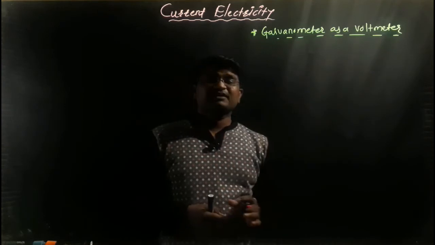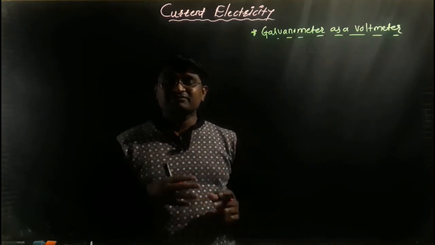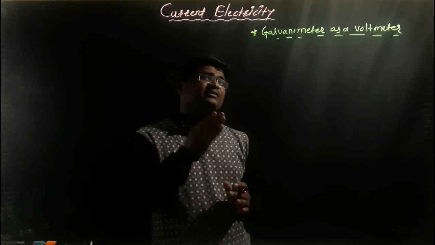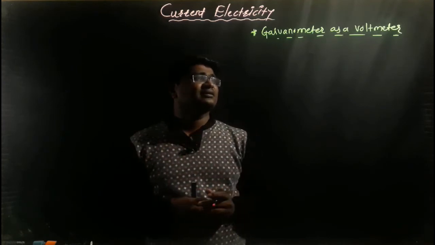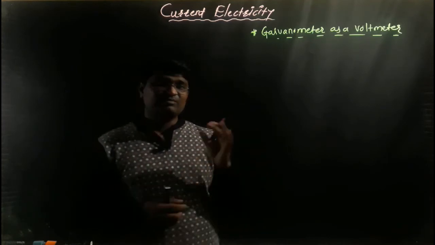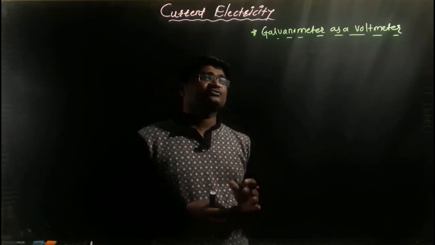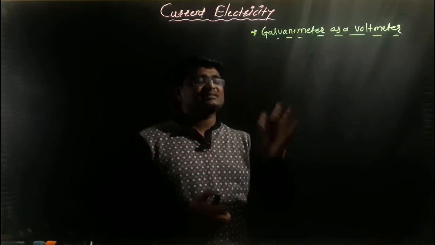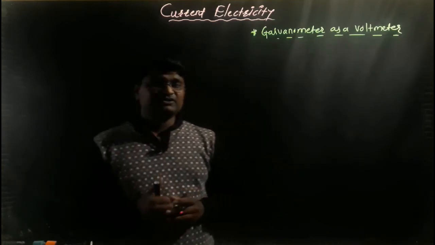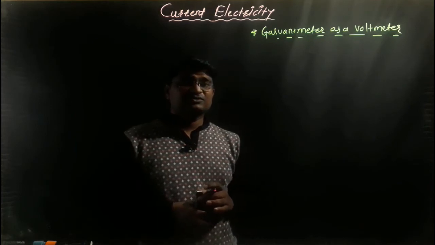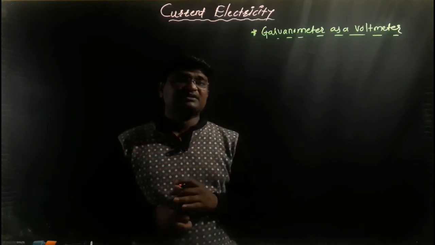And we know that with the help of a voltmeter we measure a very large amount of potential difference. So as when we converted the galvanometer into an ammeter, the same kind of modification will be here, and due to this modification we now modify the galvanometer as a voltmeter. Initially when the galvanometer is converted into the voltmeter, its voltage measuring capacity will increase.